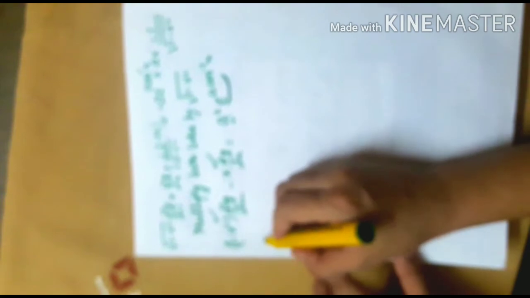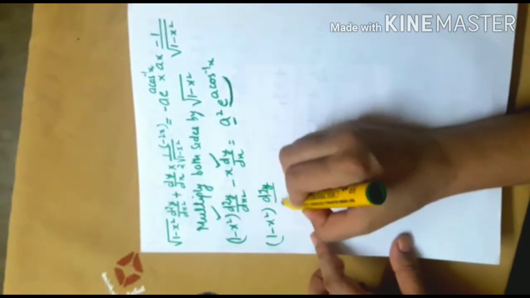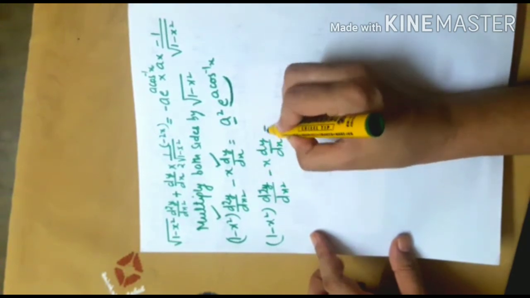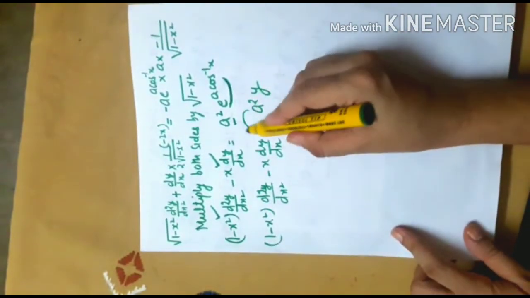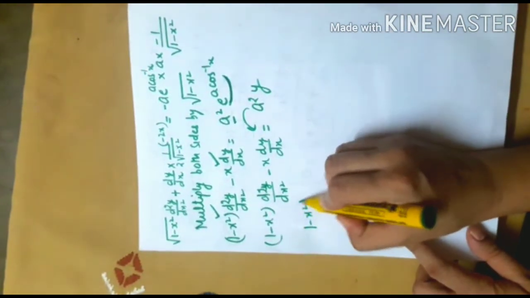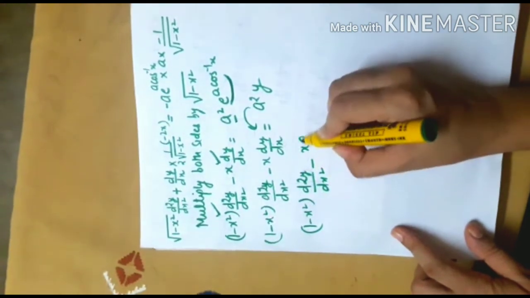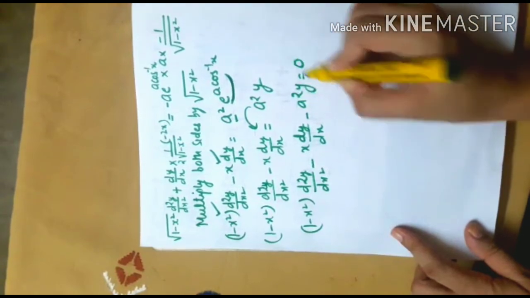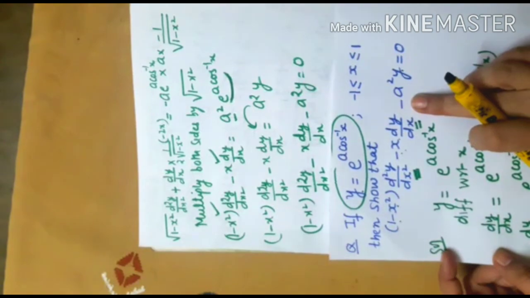So it's 1 minus x square d square y by dx square minus x dy by dx equals a square y. Now transpose this to this side. This minus x dy by dx minus a square y equals 0. This is the result which I wanted to prove.